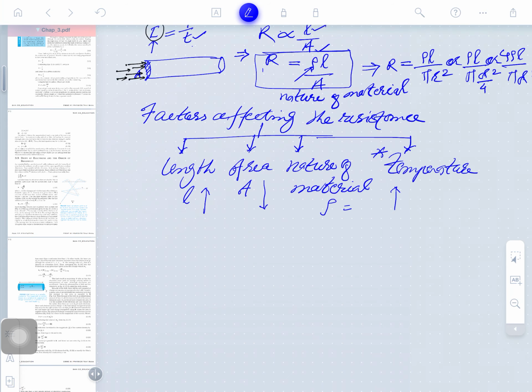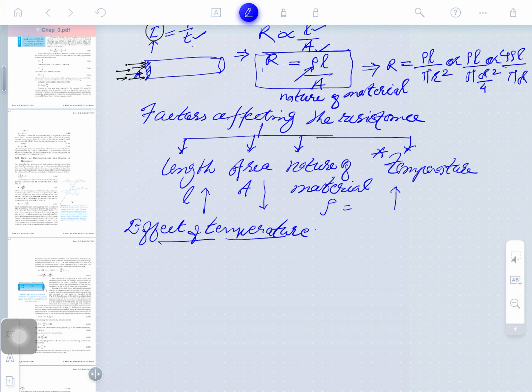So please go on writing the effect of temperature. Effect of temperature. Please write, with the increase in temperature, go on writing: when we increase the temperature, the electrons from the valence band get free and come into the conduction band.